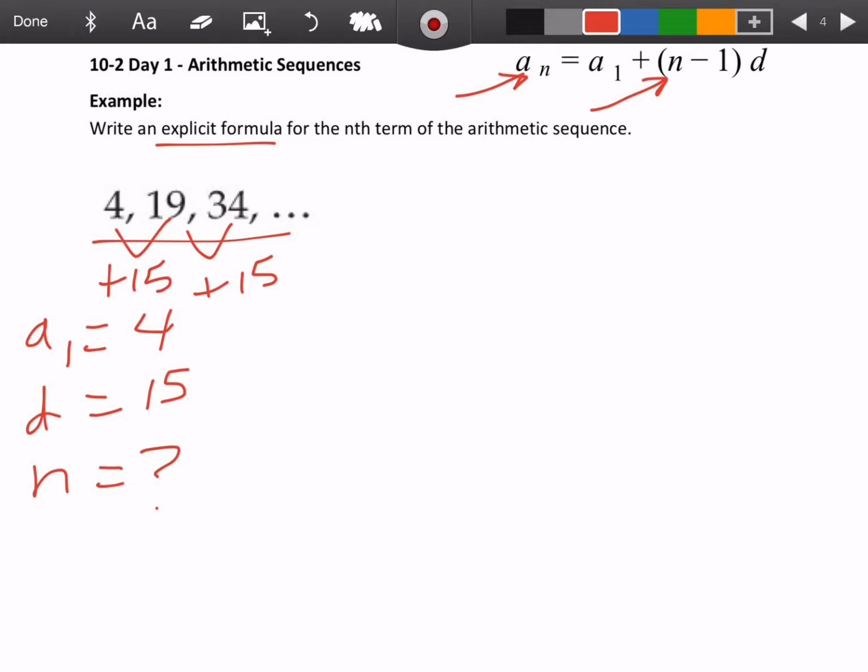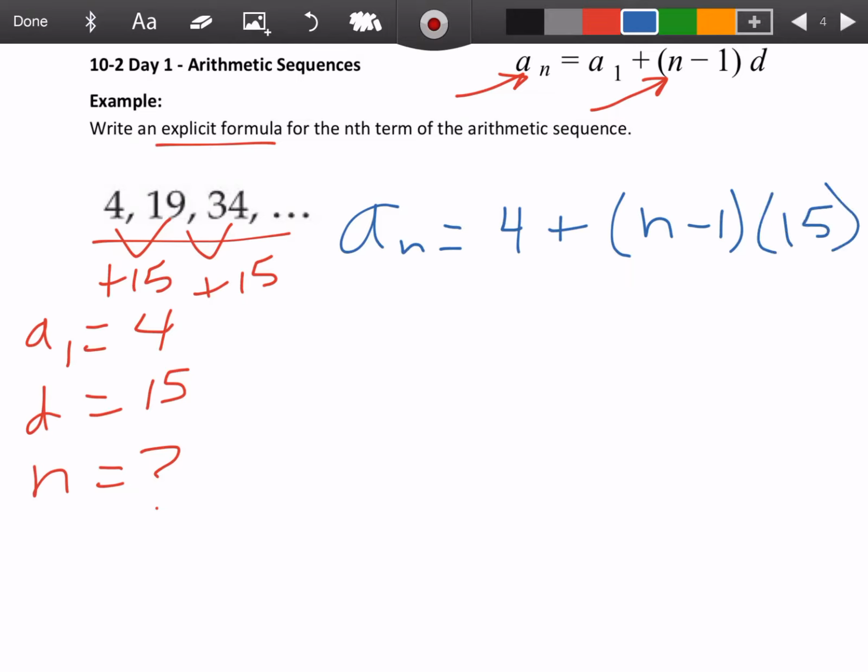So we would say a of n equals our first term, 4, plus n minus 1, we'd keep it like that, and then we'd have 15, just like that. So this is a little clunky of a formula, so what we're going to do is simplify a little bit. We're going to distribute that 15 in.